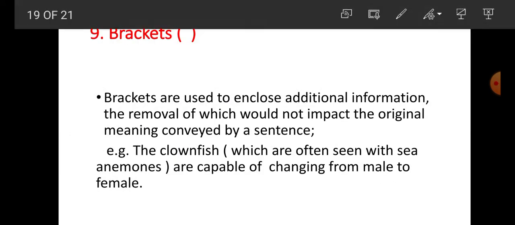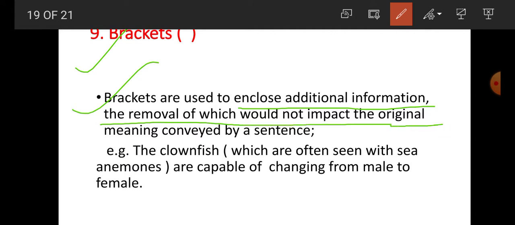Now number 9 is, student, bracket. This punctuation mark is bracket. So where is bracket used and how? Brackets are used to enclose additional information, the removal of which would not impact the original meaning conveyed by a sentence. So that is not essential, and it does not affect the meaning of the sentence, and that's why we use brackets to keep it.